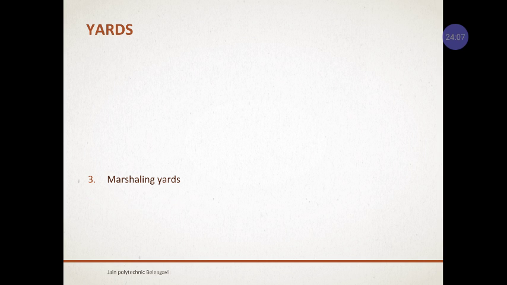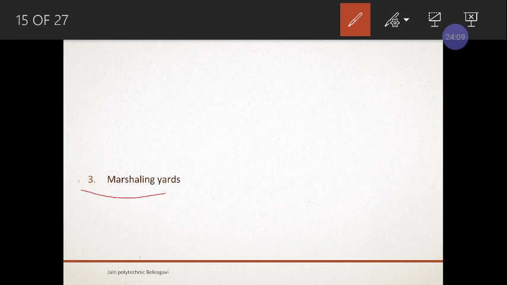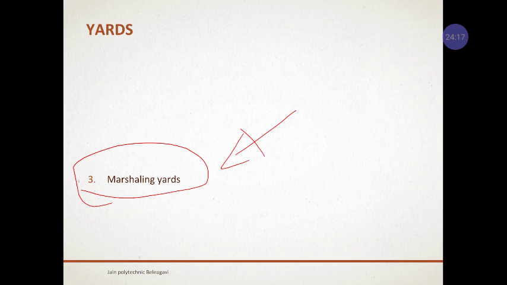We are going to study the marshalling yard for the syllabus. So we'll just define the various other yards, and then we'll move to the marshalling yard and what it is.